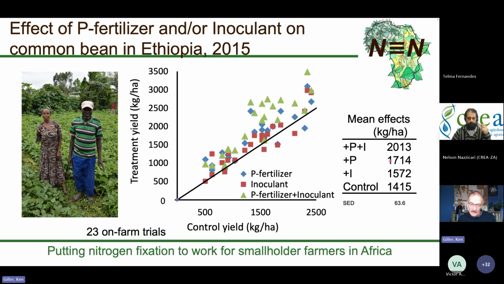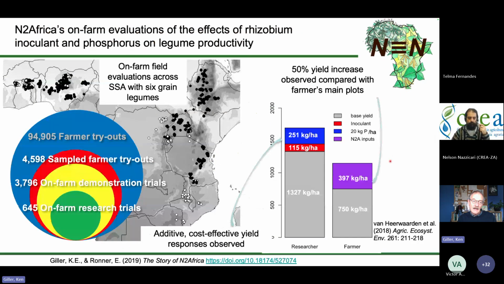These are additive effects. And in total, during the time of N2Africa, we had a huge number, nearly 100,000 of these farmer tryouts located across all of the different target countries. We were able to sample about 4,500 of those in terms of getting yields.